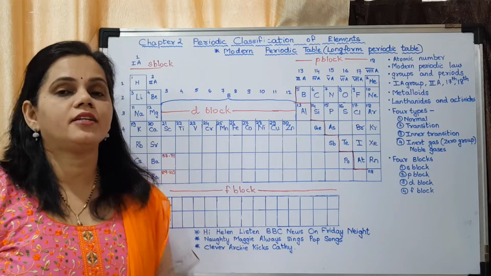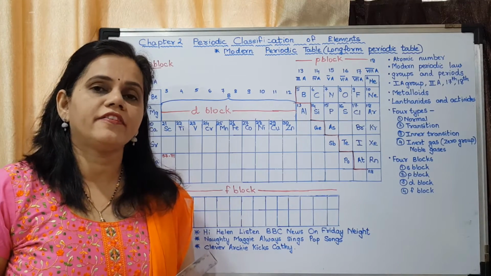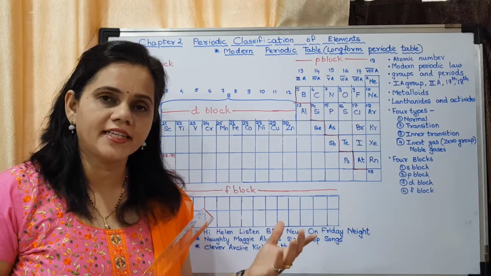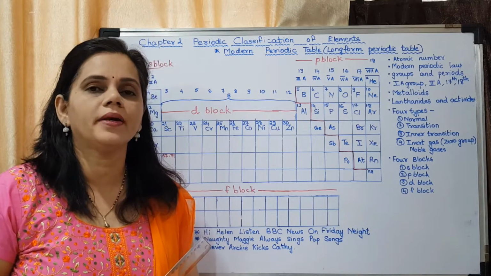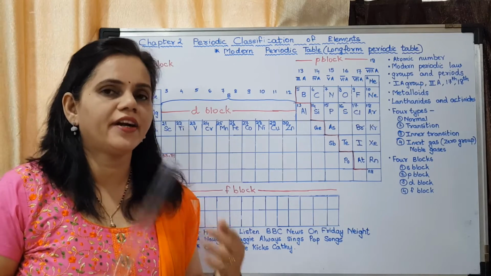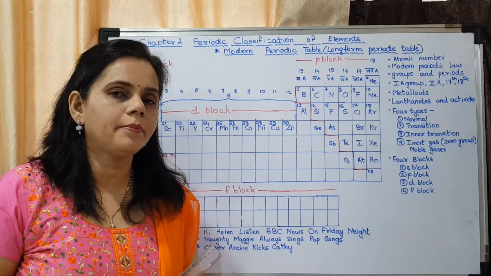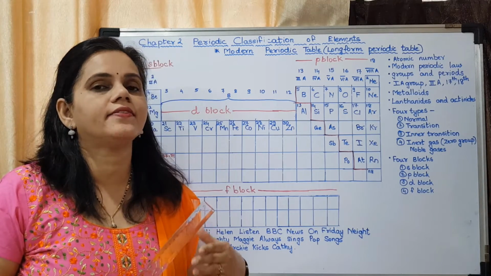But later it was discovered that the fundamental property of an atom or an element is not atomic mass, but atomic number. I repeat, the fundamental property of an element is atomic number and not atomic mass. This they discovered later.